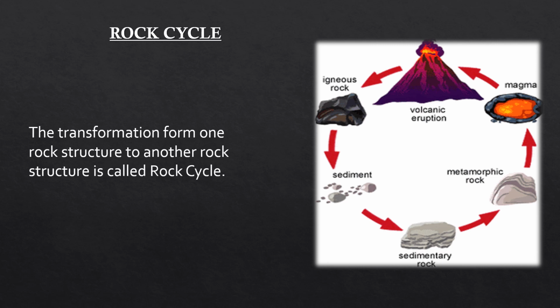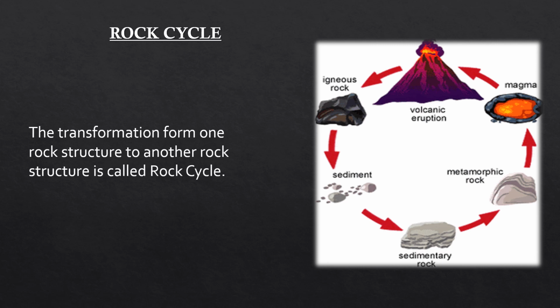Now look at this volcanic eruption from which molten magma is coming out, and we have already learned that when the molten magma cools, it solidifies to become igneous rocks. These igneous rocks are broken down into small particles which are known as sediments, and then they are transported and deposited to form sedimentary rocks.